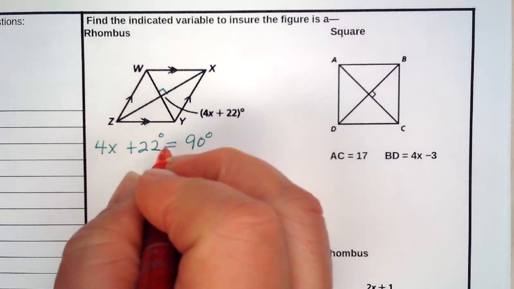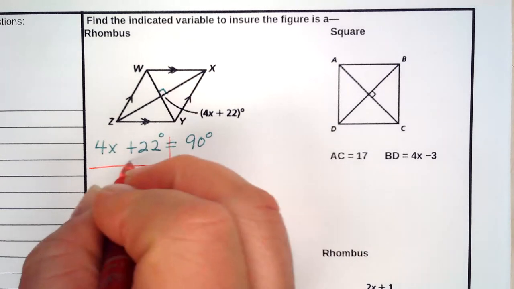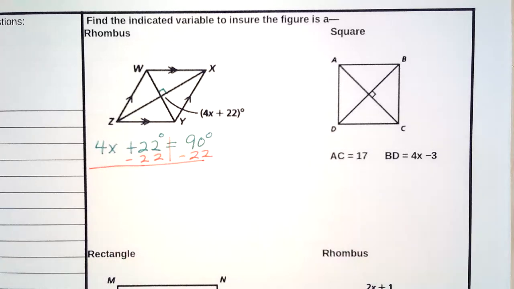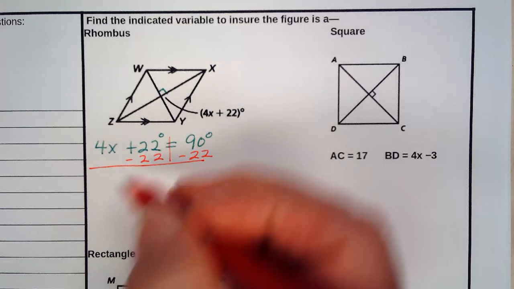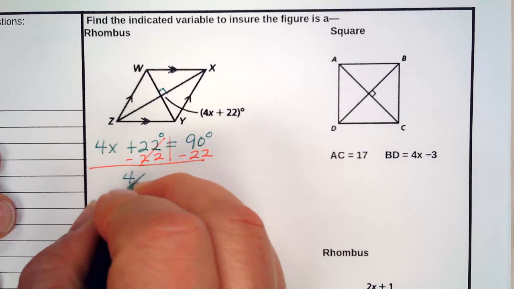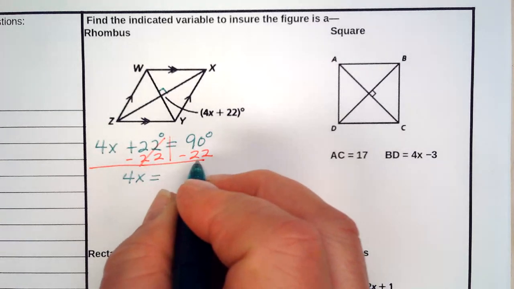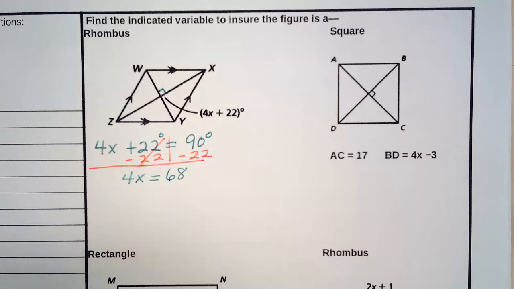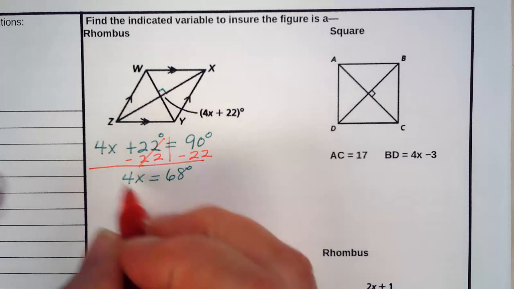Solve for x. Subtract 22 from both sides. 4x is equal to 68. And that's 68 degrees. Divide by 4.